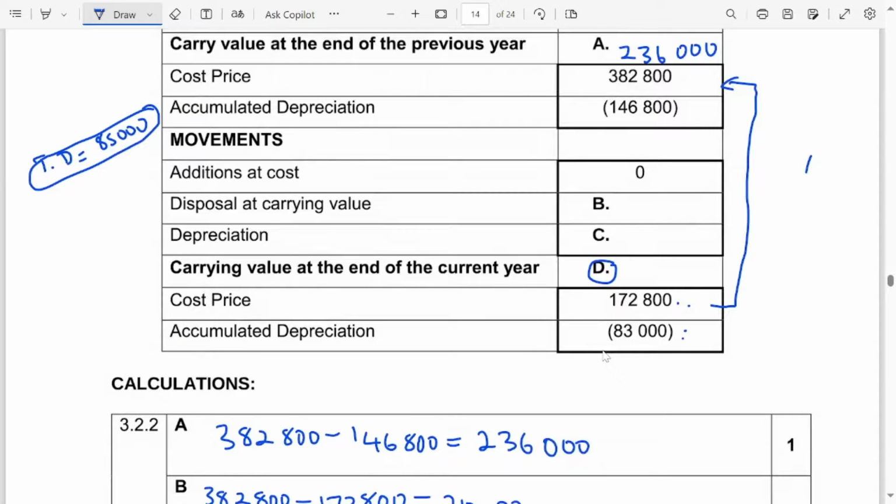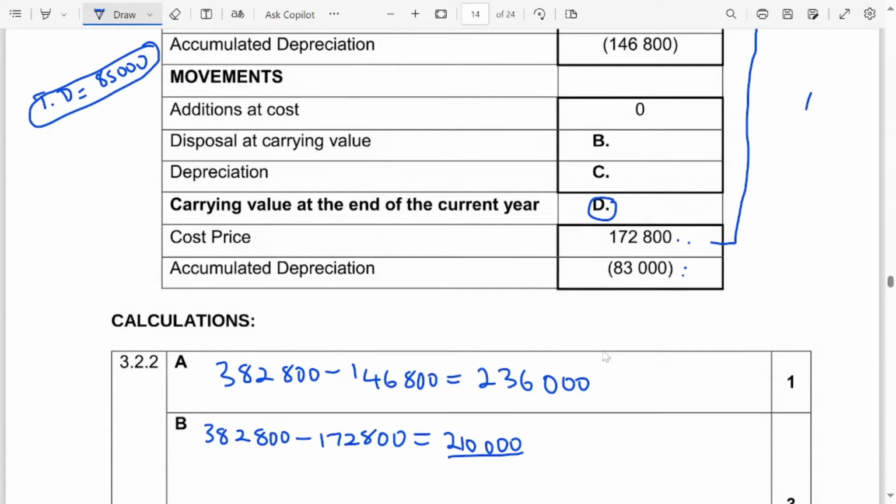Remember, we are looking for the disposal at carrying value. To find it, we say cost price minus the accumulated depreciation of the asset being disposed. The total depreciation for the asset being disposed is 85,000, which is the accumulated.